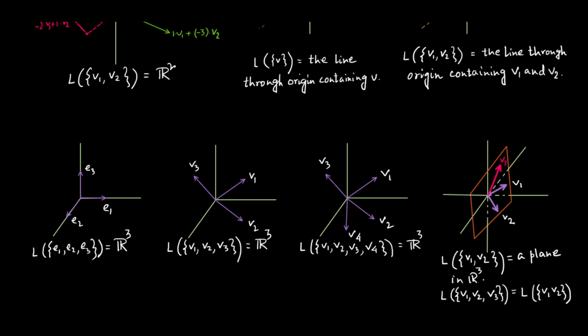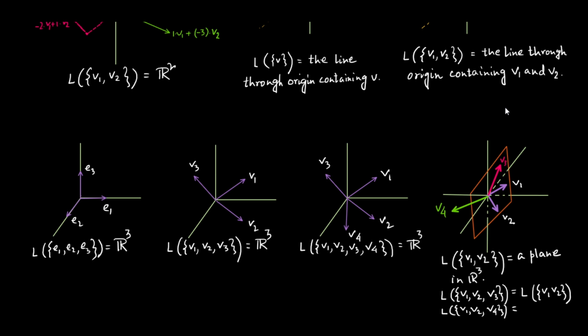Now, if I add a vector to this set which is not lying in the plane, say v4, and now we consider the linear span of any three vectors from this set of four vectors, for example, if I consider now the linear span of, say, v1, v2, v4, now tell me what will happen.